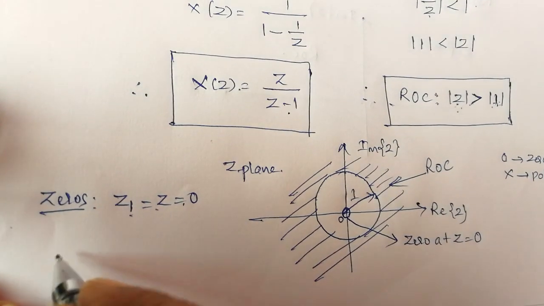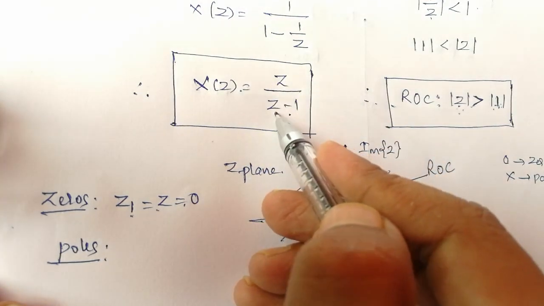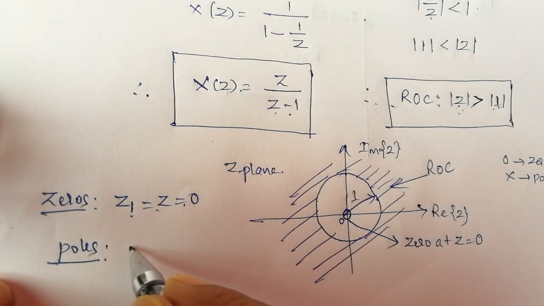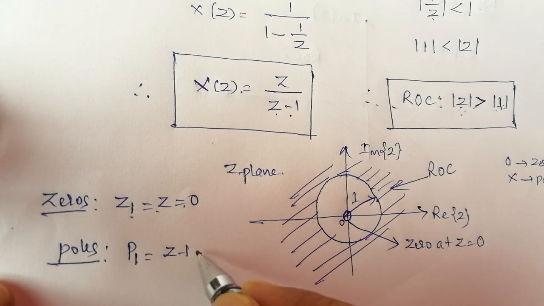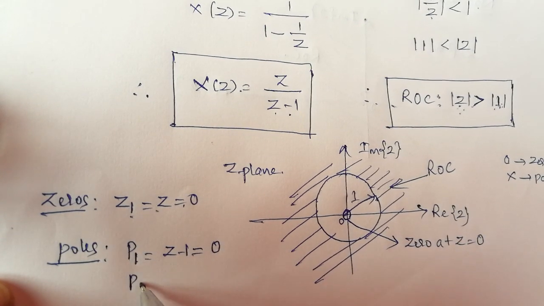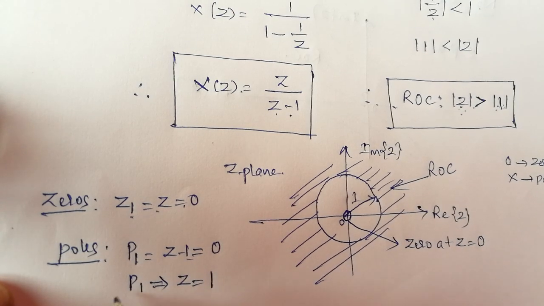Next, find the poles. Equate the denominator polynomial to 0. Poles are represented as P. Only one term is there: P1, z minus 1 equals 0, hence P1 is at z equals 1. So only one pole is present, at z equals 1.